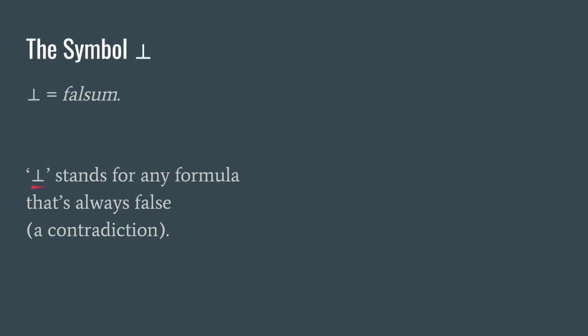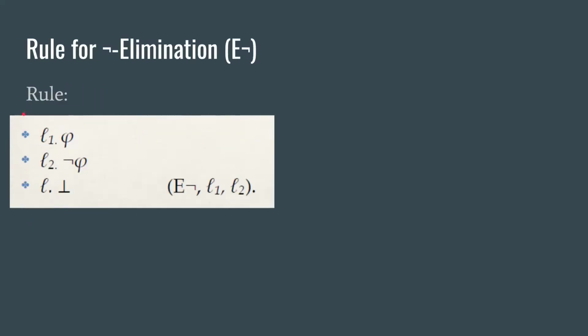Now we can write falsum anytime we have a contradictory sentence in the proof. And that can only occur if we have made certain contradictory assumptions. So when we have contradictory assumptions, we'll be able to introduce this falsum symbol, and deriving the falsum symbol can be considered the elimination rule for negation.